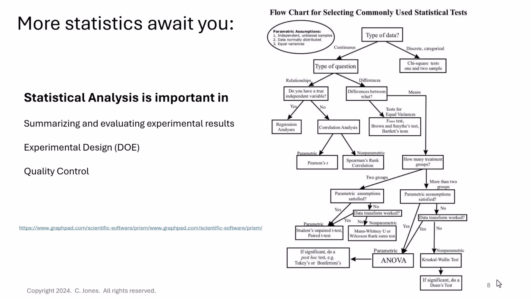It's important in the design of experiments. There's a whole field now called DOE, design of experiments, where statistically you can change multiple variables at the same time in an experiment and still get meaningful data and decide what's important and what's not. And then, of course, statistics is important if you're into the quality control field and quality management systems.